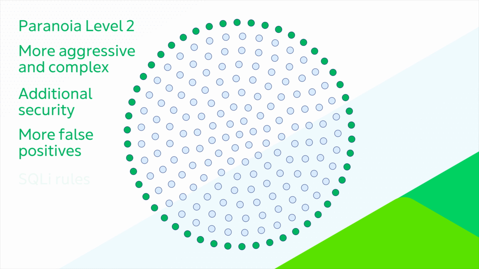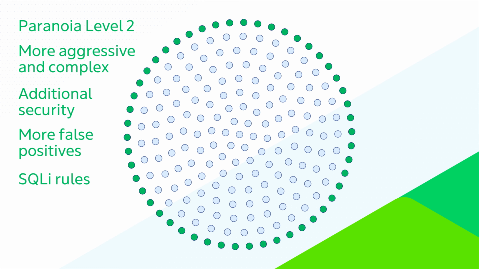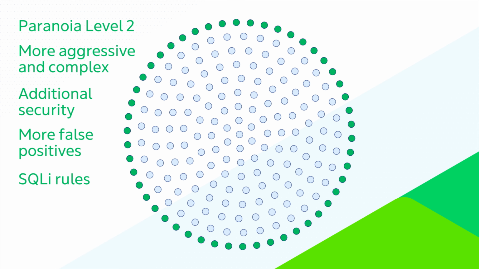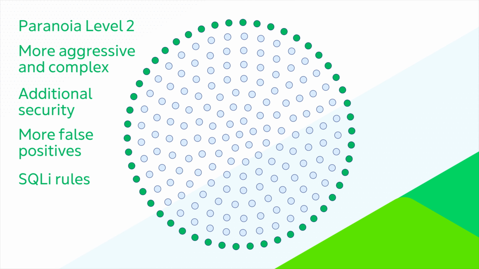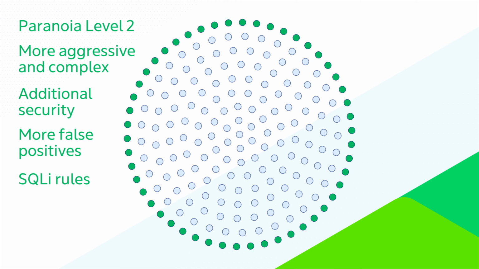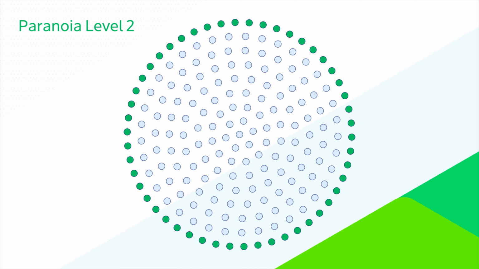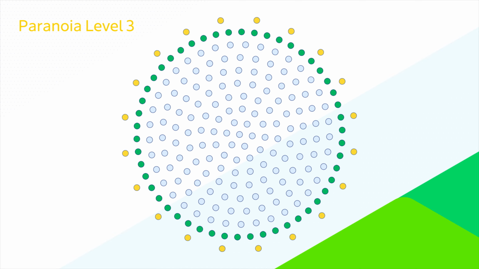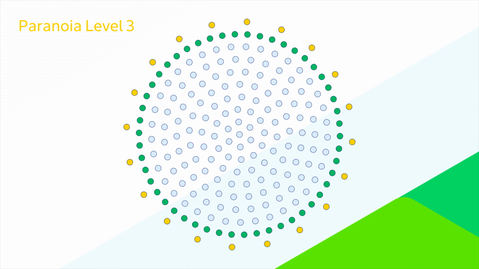A significant percentage of the SQL injection rules live here at Paranoia level 2. When operating the WAF at Paranoia level 2, the level 2 detection rules are executed in addition to the Paranoia level 1 rules.